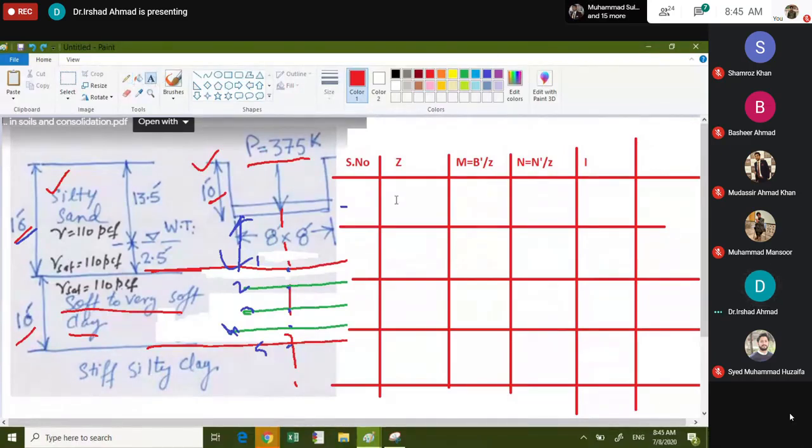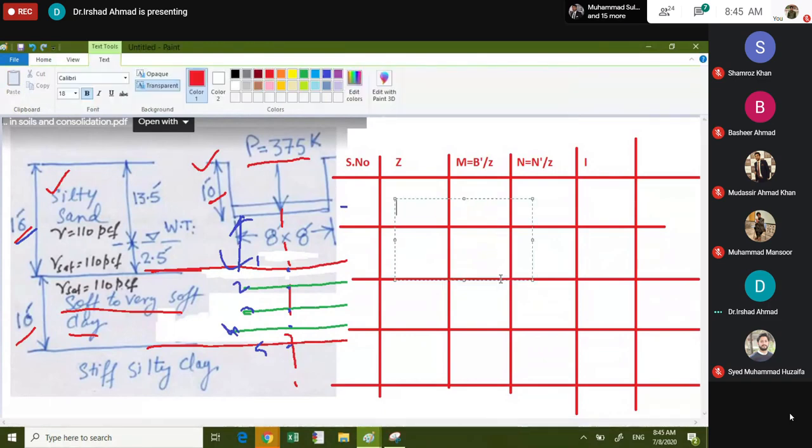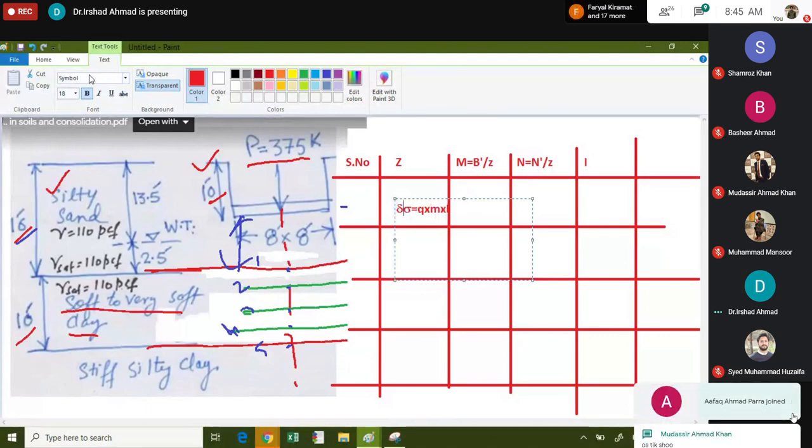In any case, it is q times m times n times I sigma, and that is equal to delta sigma.